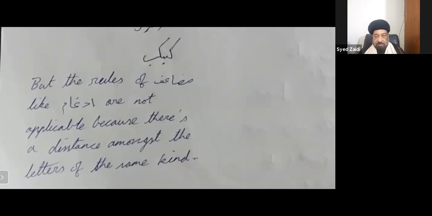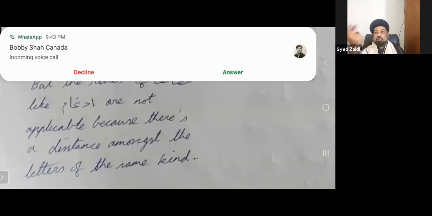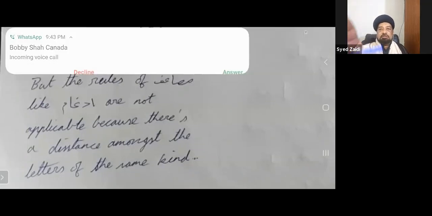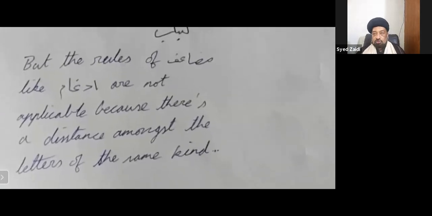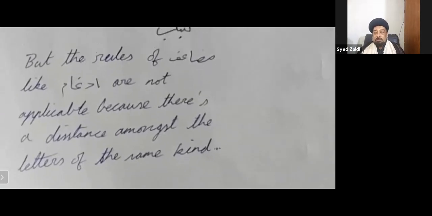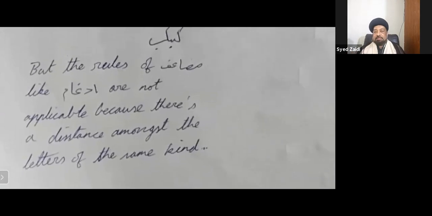Because of the simple reason that the two letters of the same kind are not next to each other. Because the two letters are not next to each other, you cannot do an idgham. It's very simple to understand. Before you had learned that the letters of the same kind have to be next to each other to create a merger, which is called idgham.